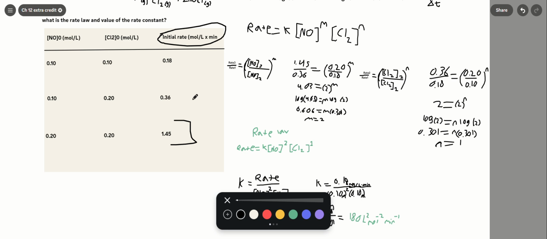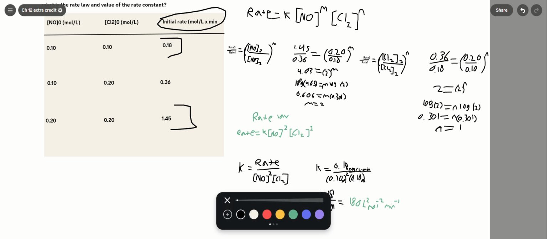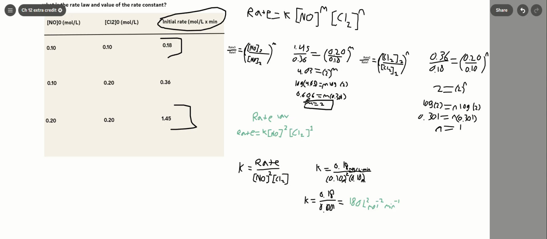So you would want to do rate 3 and rate 1, and you can solve for M that way.